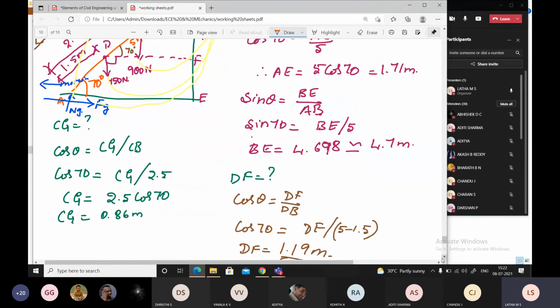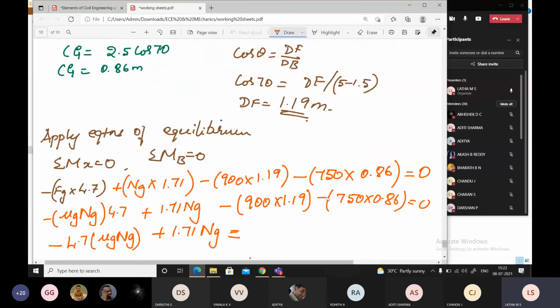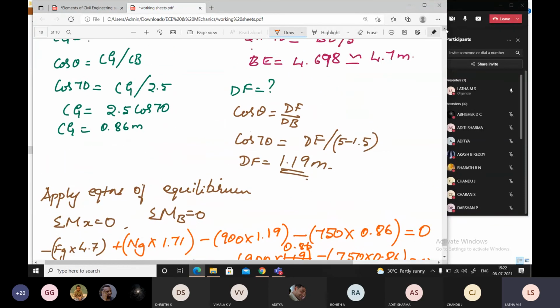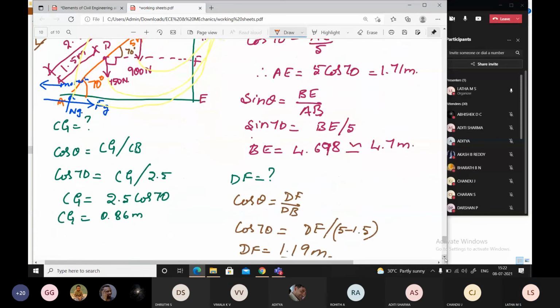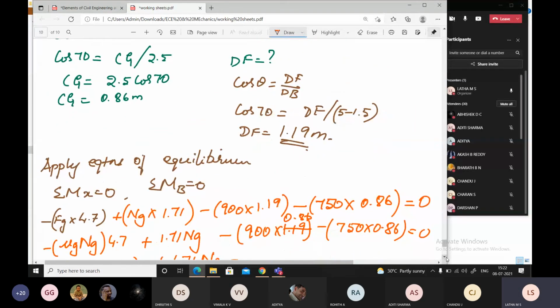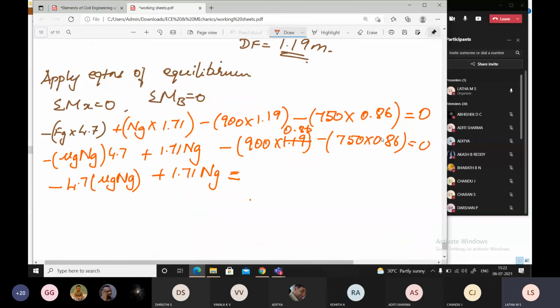You're correct, it is 0.86. And for 750, you gave the wrong value. For 750, DF, what is the DF value? 1.19. You had given the wrong value. Now you tell me the answer.